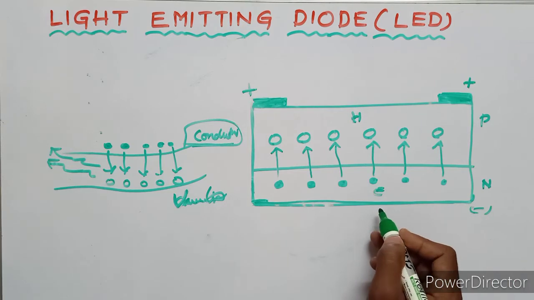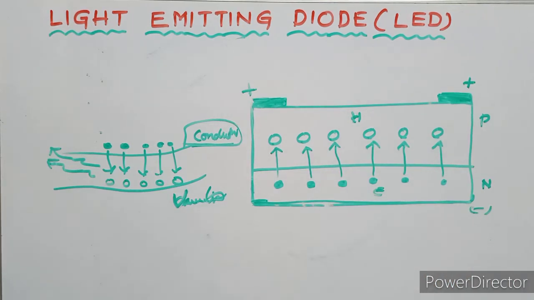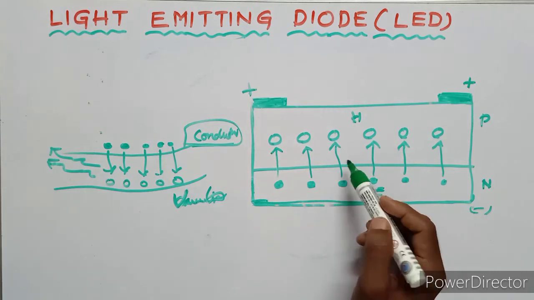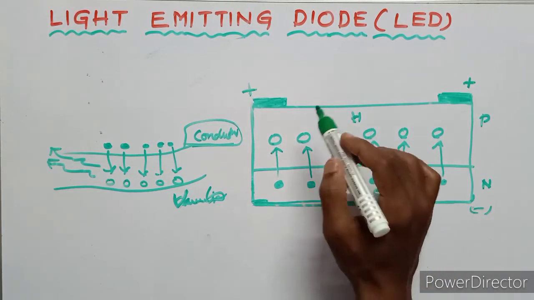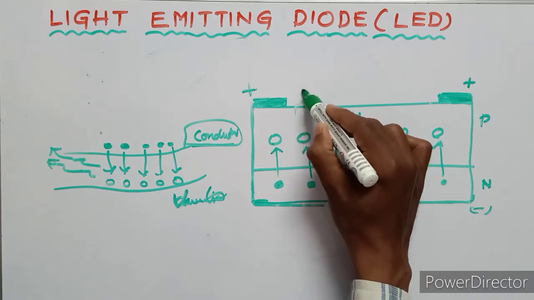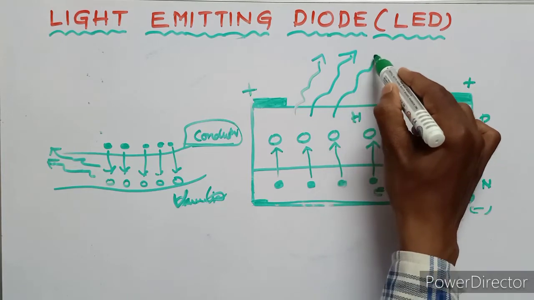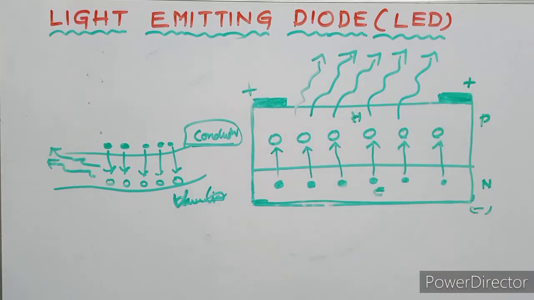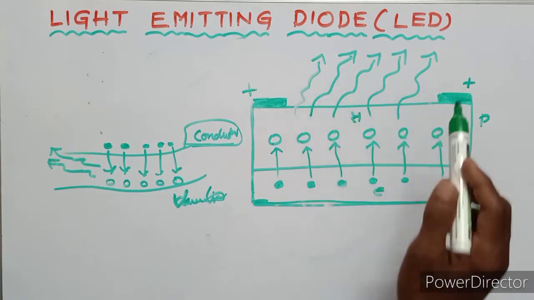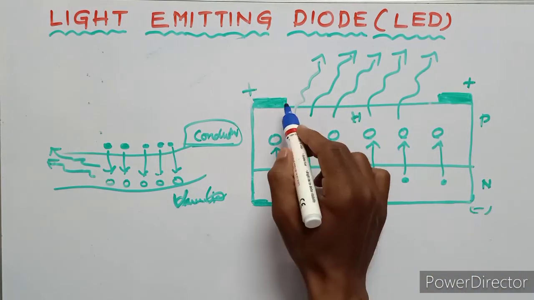This is the construction, this is the energy gap. If the free electrons jump towards the holes, then light is emitted. So this is the LED, the light emitting diode.